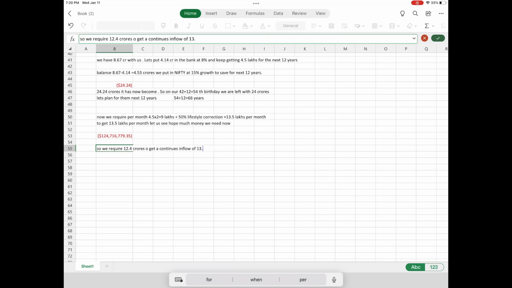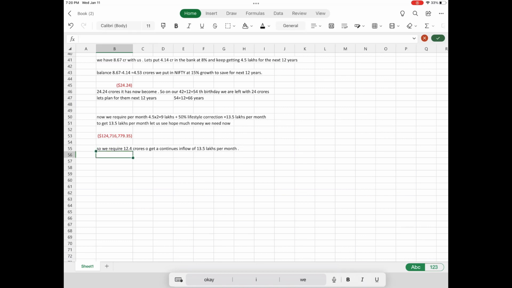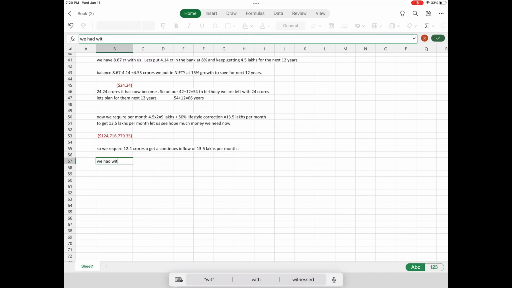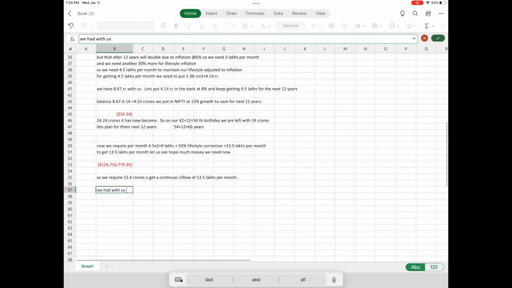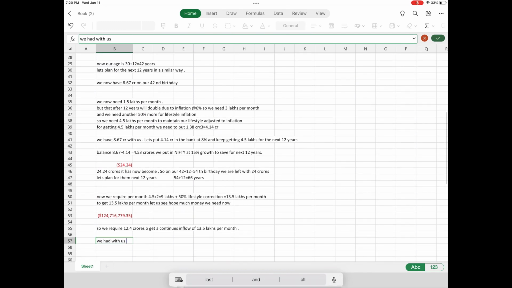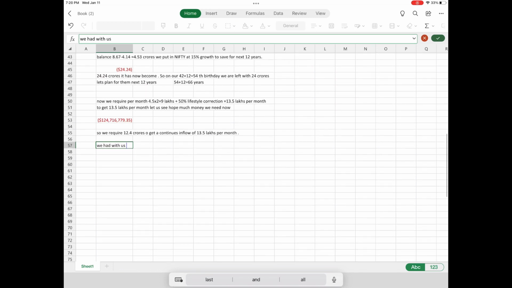But note that you have 24.24 minus 12.4. That means you have approximately another 11 to 12 crores for investing again in a Nifty growth fund. I am just choosing the Nifty growth fund because you don't need to think, there are no risks involved. The Nifty growth fund, on an average, I am not advertising for Nifty, I am just simply saying Nifty.